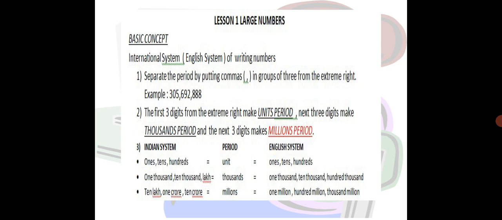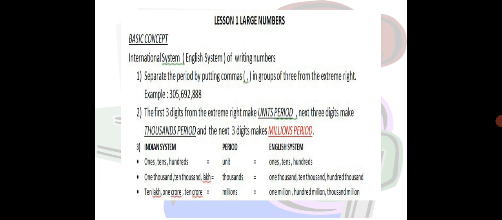Now I will show you a comparison chart. On the leftmost side is the Indian system, in the middle the period, and on the rightmost side the English system. In the Indian system, ones, tens, hundreds altogether are said to be the unit period.